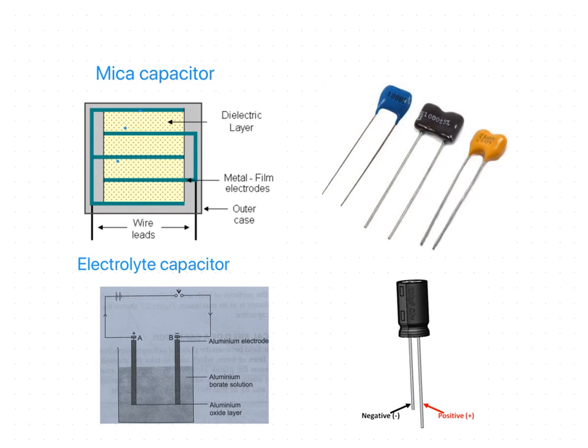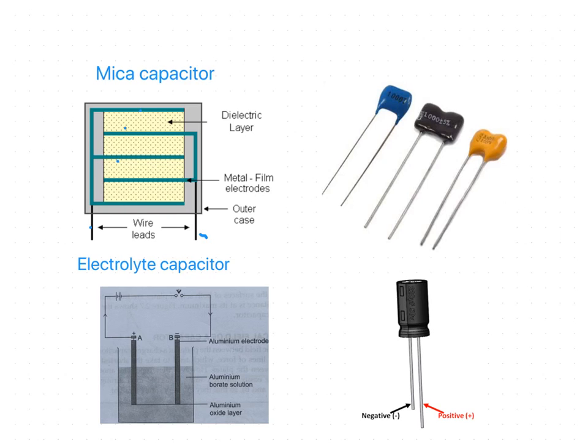In between them, this yellow color is the mica sheets. It consists of a number of mica sheets arranged one above the other in such a way that there is a mica sheet between every two copper plates. Alternate copper plates are connected to terminals A and B here.